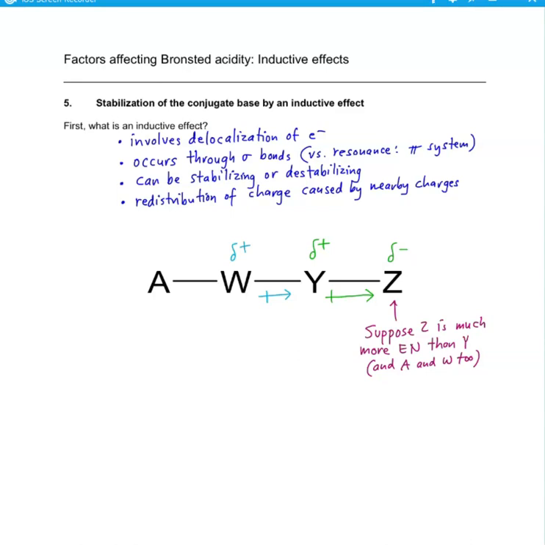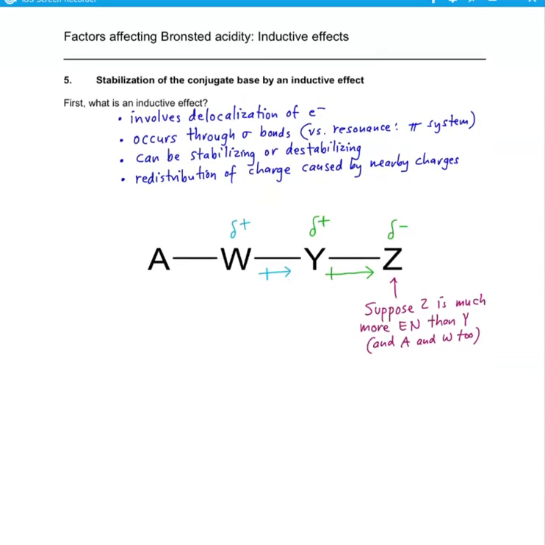Now that partial positive charge wouldn't be there but for the fact that Z, being so electronegative, is pulling electron density toward itself. So you can think of this inductive effect kind of as a dipole whose effects are felt remotely, that is, away from where the dipole actually exists between Y and Z.